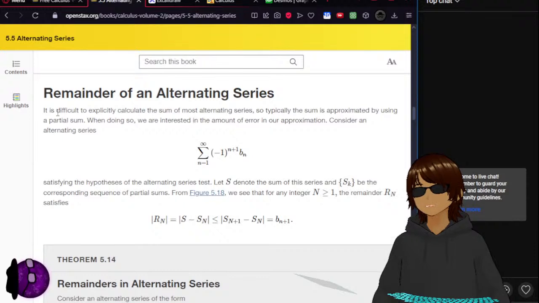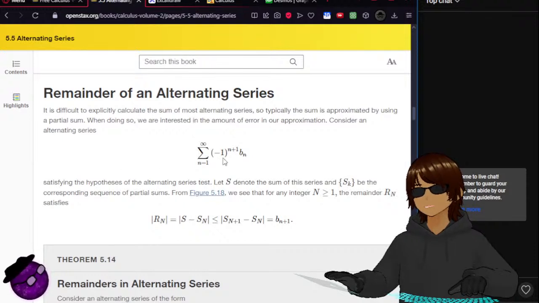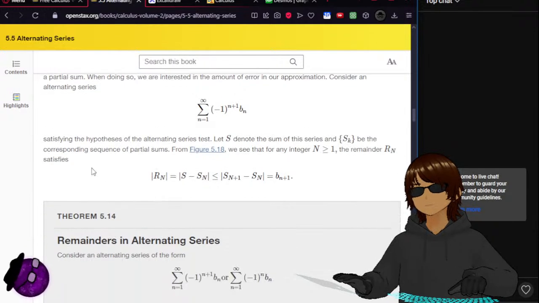Consider the alternating series with Bn satisfying the hypotheses of the alternating series test. Let S denote the sum of the series and Sk be the corresponding sequence of partial sums.